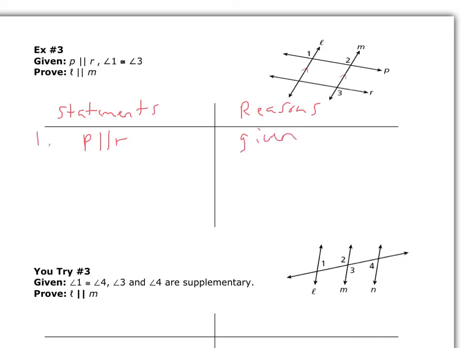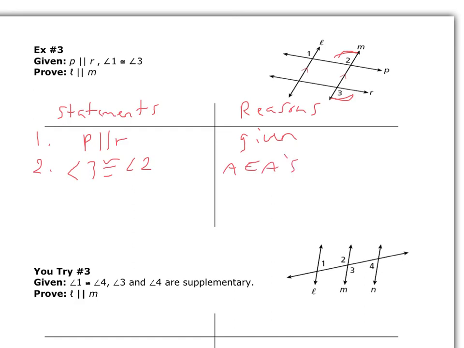Our second step is that angle 3 is congruent to angle 2, and that's because of what theorem? Well, they're alternate exterior angles.